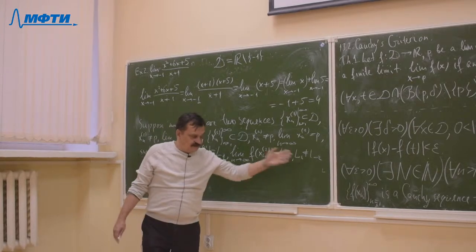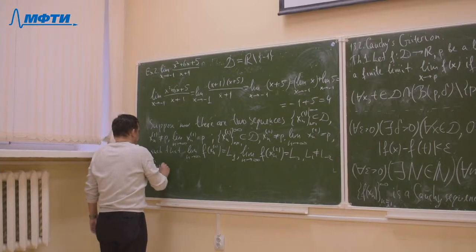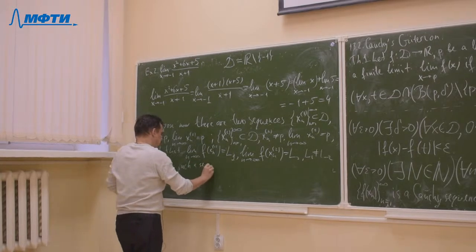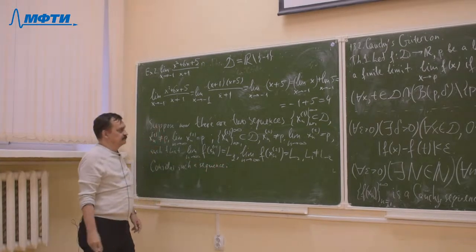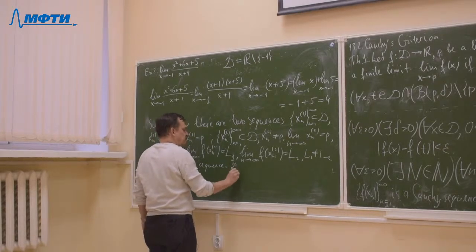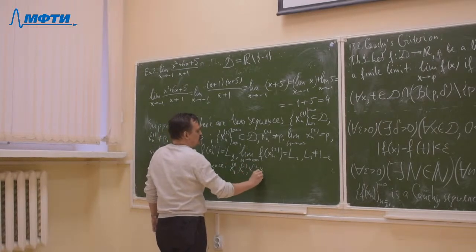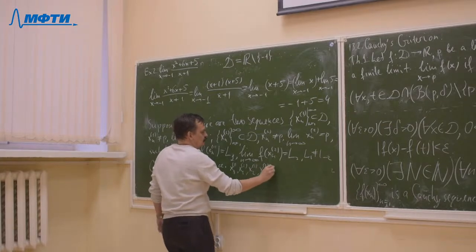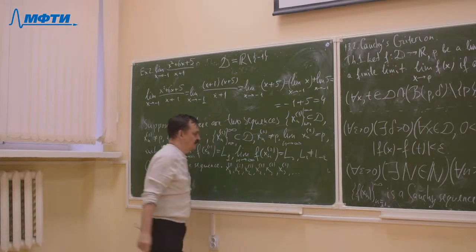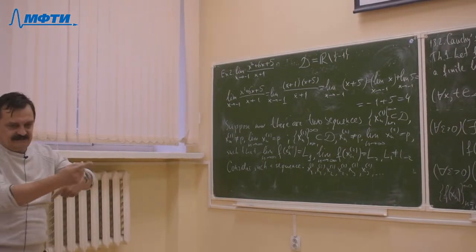So suppose that we have different limits. Consider such a sequence: x11, x12, x21, x22, x31, x32, and so on. So we mix them, we alternate the choice.